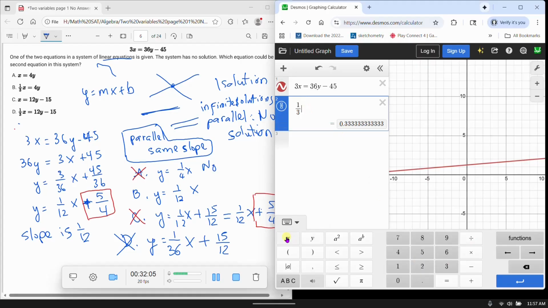Move this onto the side, and then we put x equals 4y. Here we go. The blue and the red are parallel. They never intersect. So that's no solution.